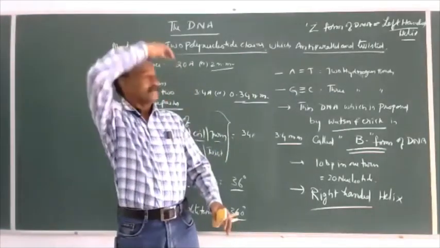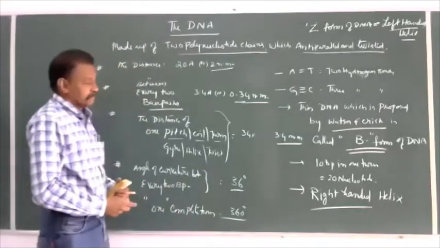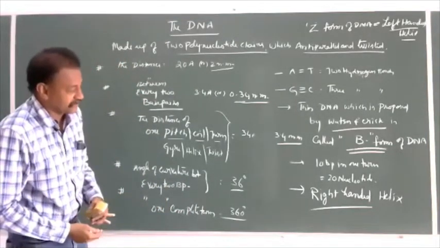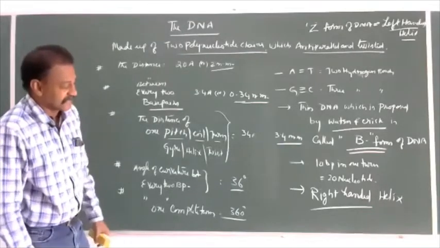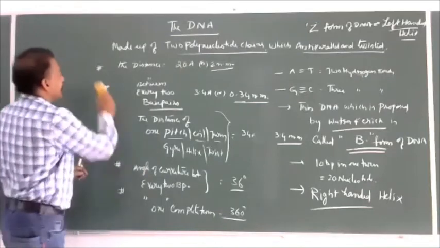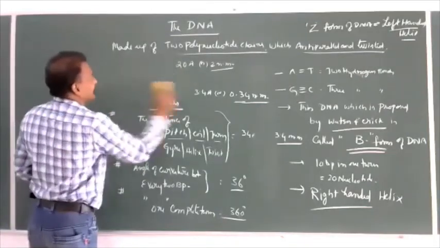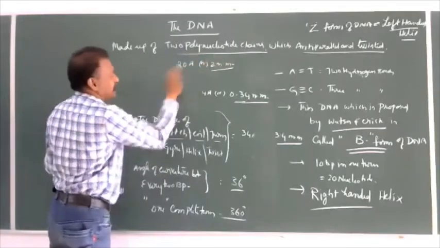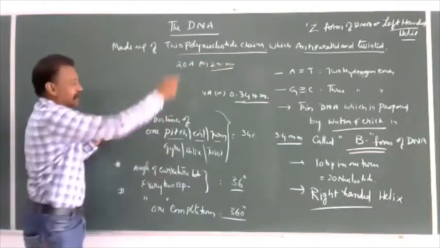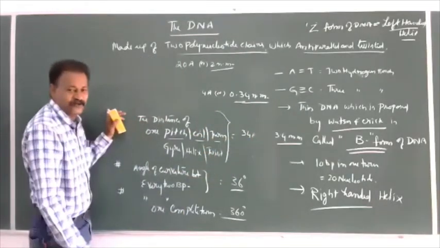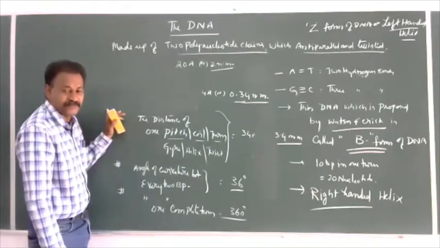So here, B form of DNA: 10 base pairs in 1 turn is equal to 20 nucleotides, right-handed helix, 20 angstroms diameter, and 1 coil is equal to 34 angstroms.